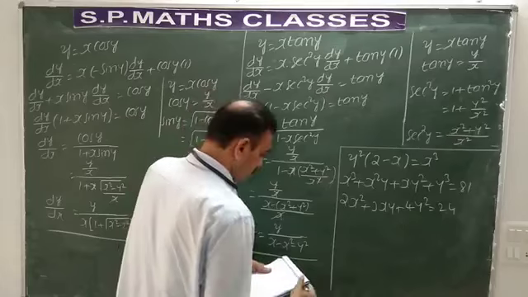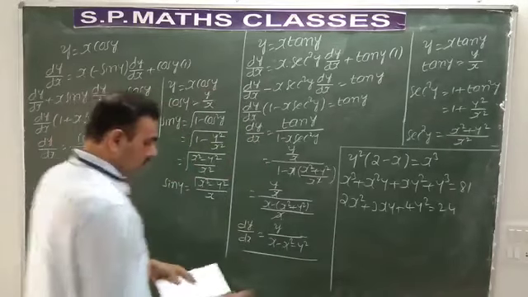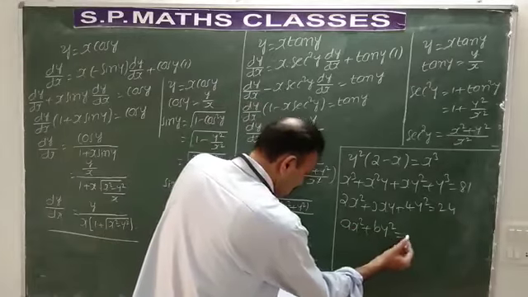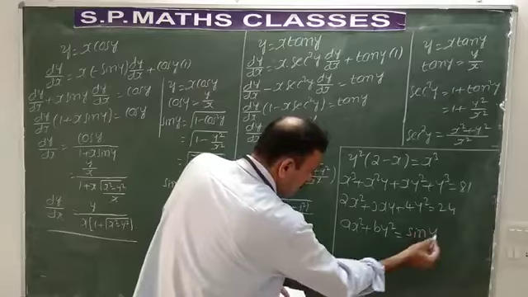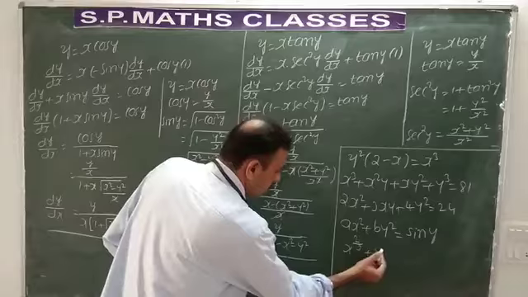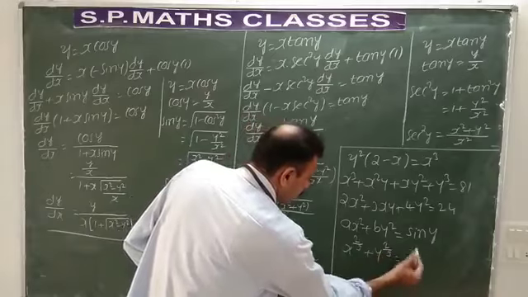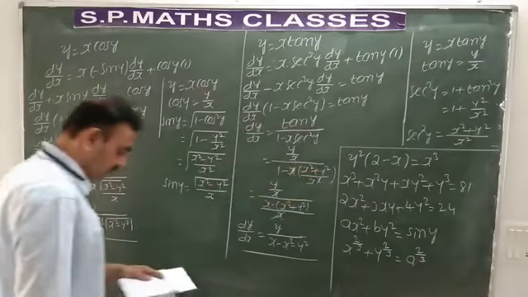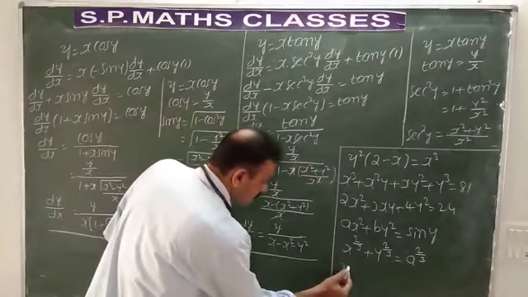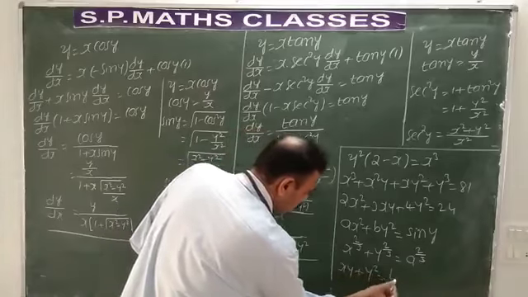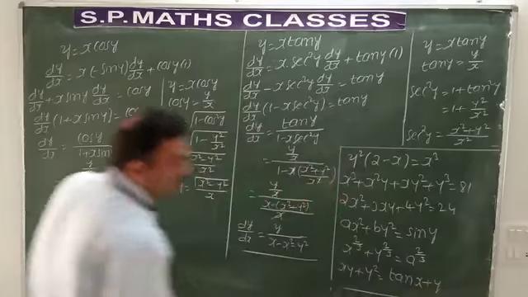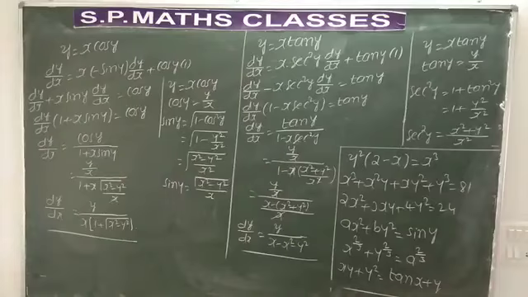Further, ax squared plus by squared is equal to sin... x power 2 by 3 plus y power 2 by 3 is equal to a power 2 by 3. Further, xy plus y squared is equal to tan x plus y. Please try to solve these 6 problems.